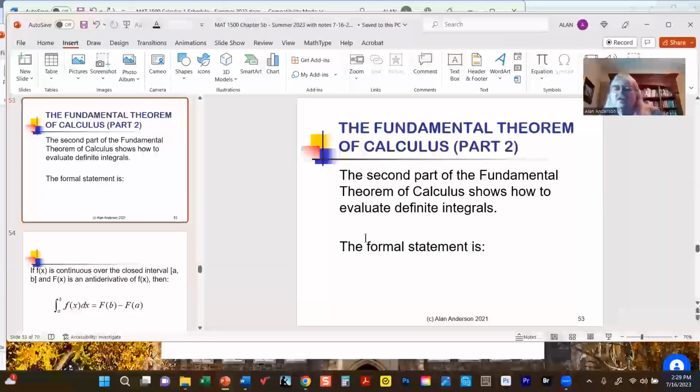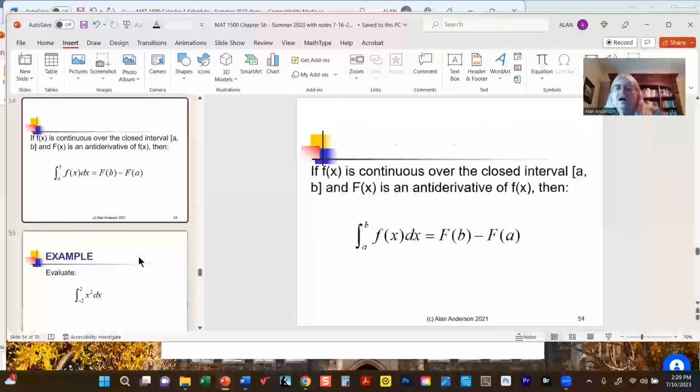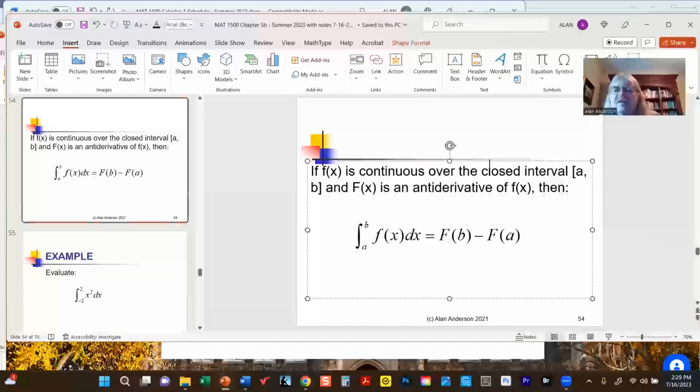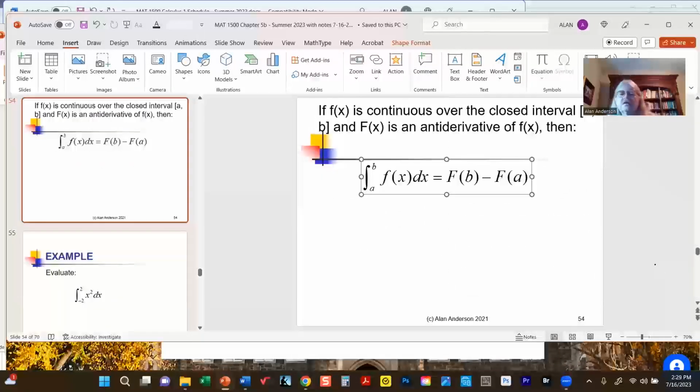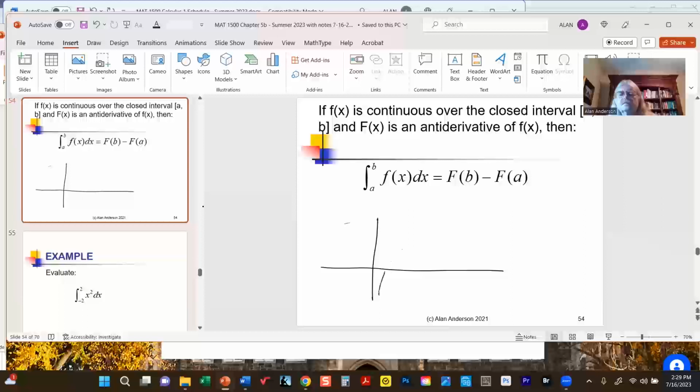The second part of the fundamental theorem tells us that the integral from A to B. So let me see if I can draw this with a proper graph. Is equal to... let's see, how am I going to do this?